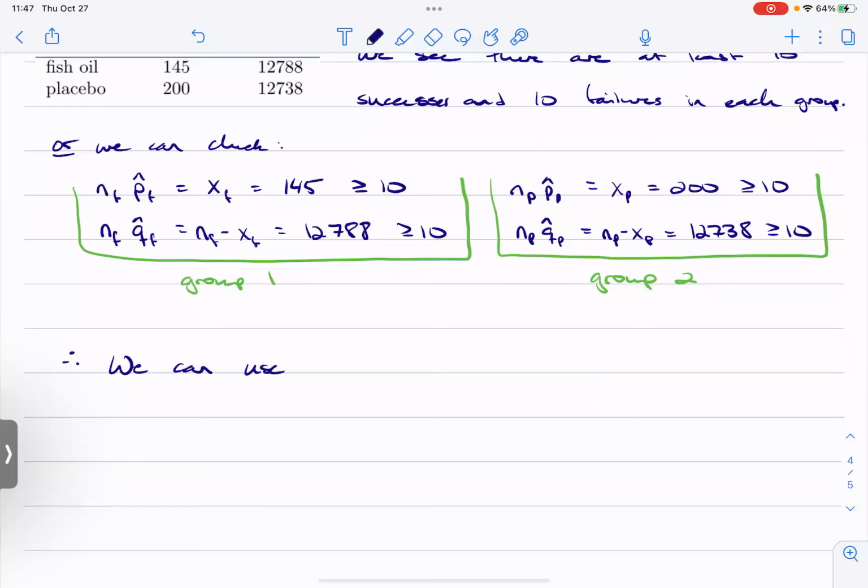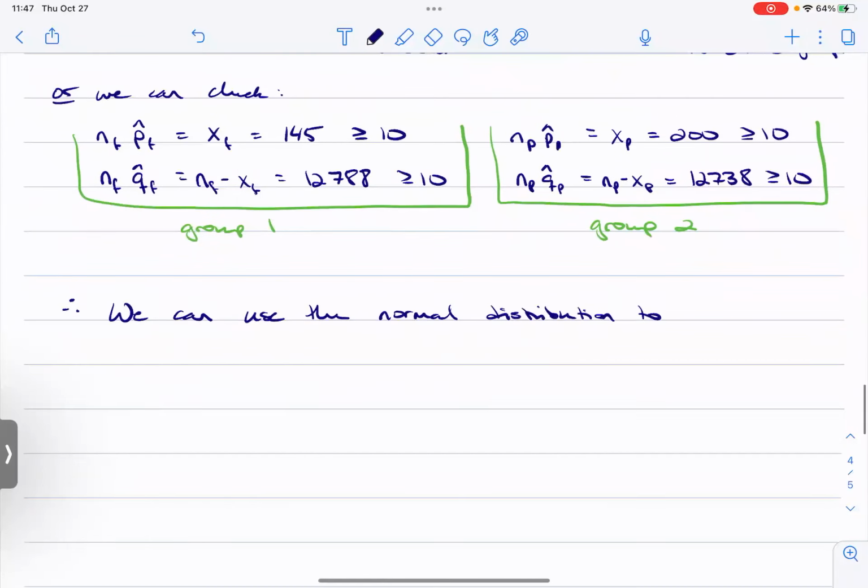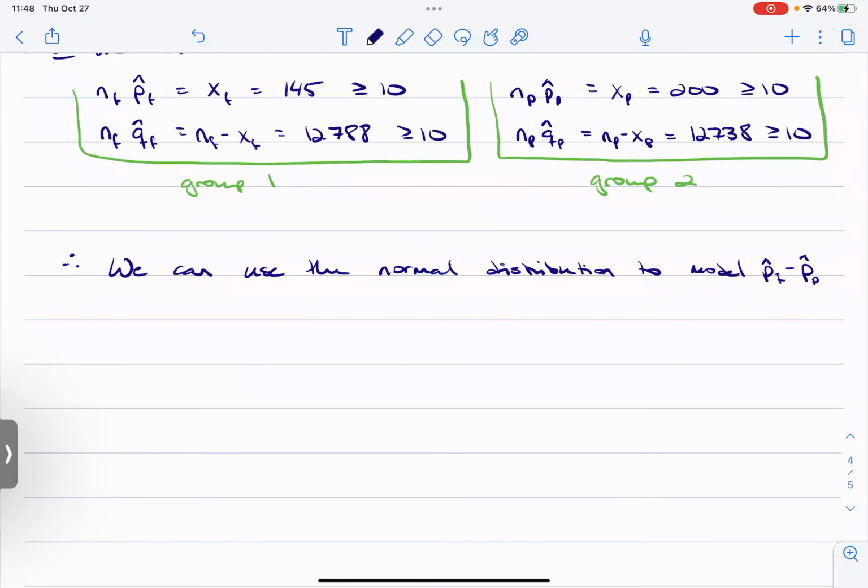We can use the normal distribution to model P hat F minus P hat P. That just means that we can go ahead and use that standard error that we wanted to use. And so now we're ready to make our confidence interval.